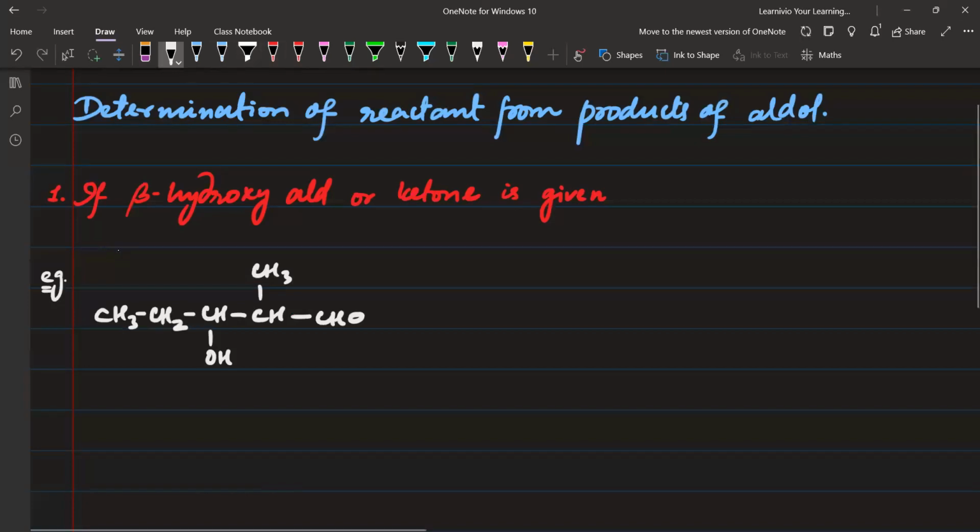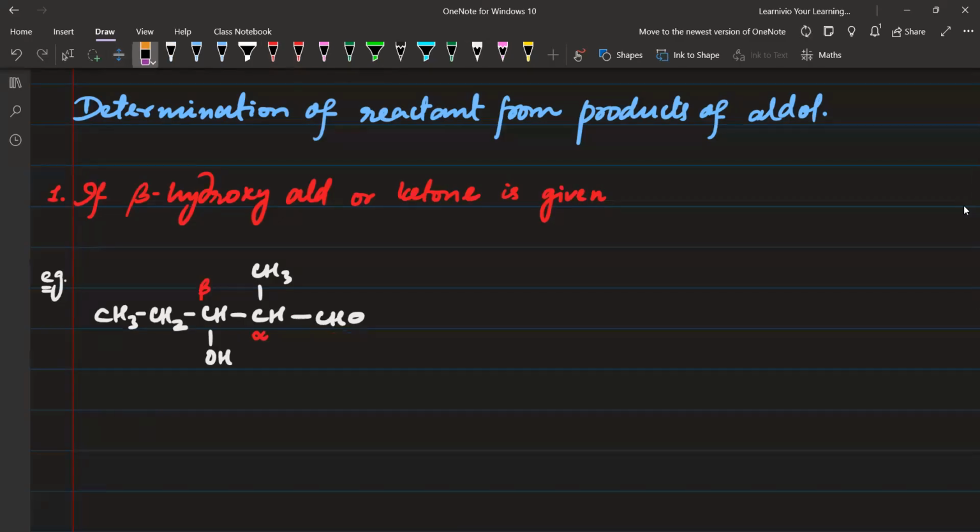The question will be: give suitable reactants which can produce this aldol product. First of all, you are going to identify the alpha carbon. This is CH2. This is my functional group, which is attached to this carbon, which is my alpha carbon, and then the beta carbon.